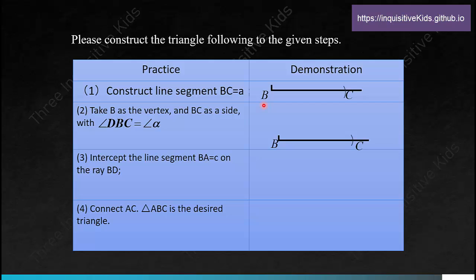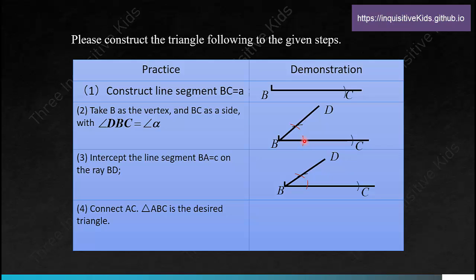Then take B as a vertex of the triangle and BC as a side, with angle DBC equal to angle alpha. So here's a demonstration. Over here we have line segment BC from last step. Then what we do is take the compass, and from B we make this arc. So one arc over here, one arc over here, with the same length compass.